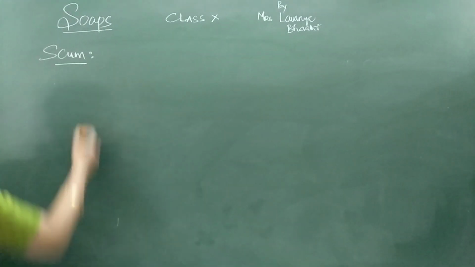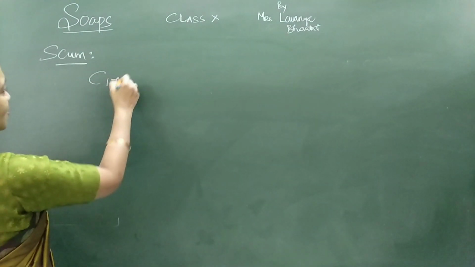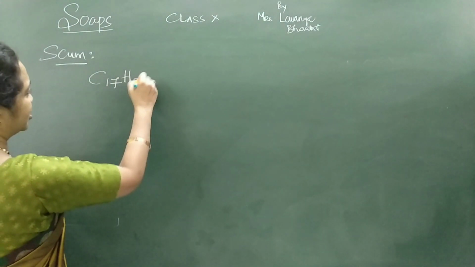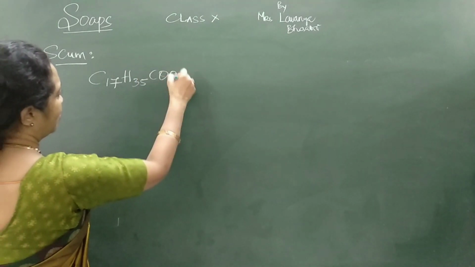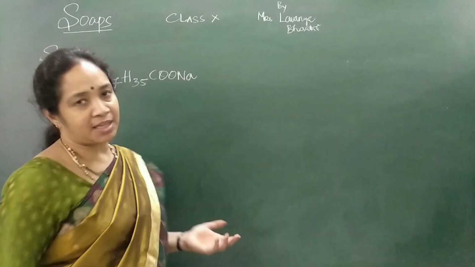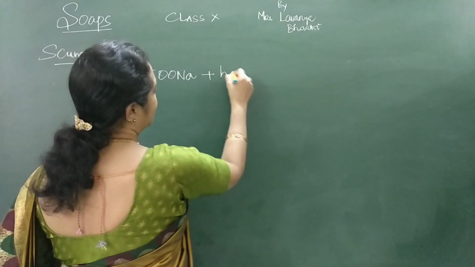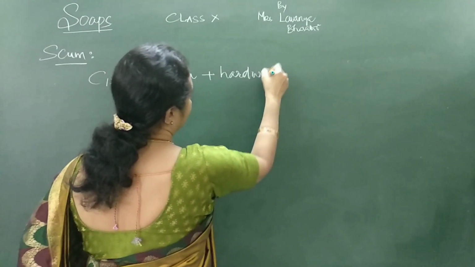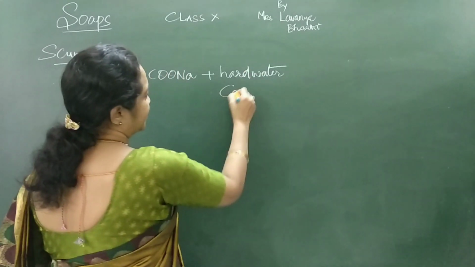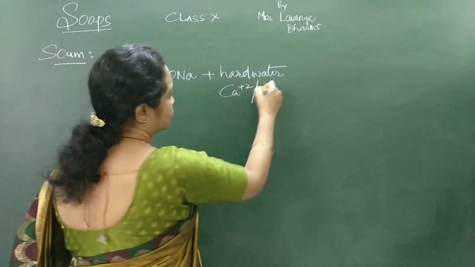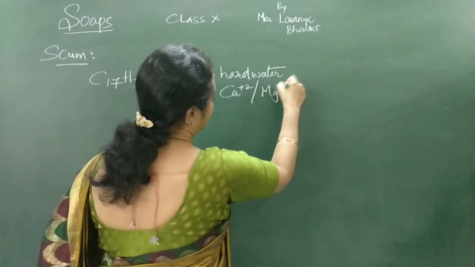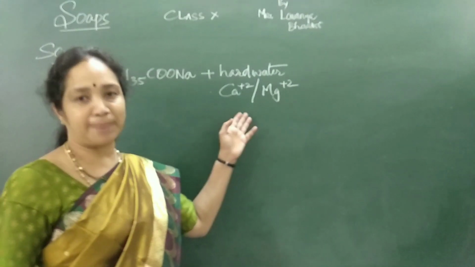Here we go. Like you know about the soap molecule, C17H35COONa. This is nothing but soap, sodium stearate. When this comes in contact with hard water, this hard water consists of, as I told you, Ca2+ ions or Mg2+ ions, that is calcium ions and magnesium ions.